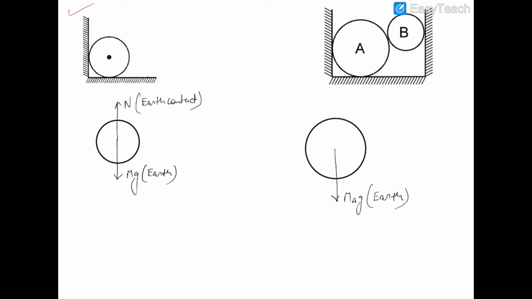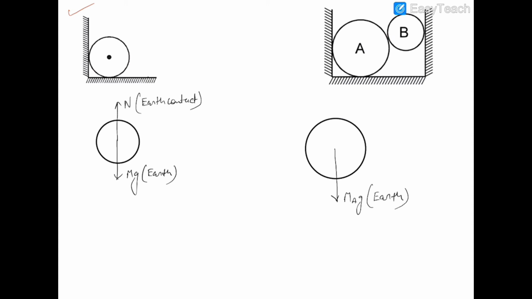And again this ball B, as it is restricted by ball A to go down, will be pushing ball A normally like that. We have to consider a fact that normal reaction always acts perpendicular to the contact. So if the contact is like that, the normal reaction will be acting like that, perpendicular to the contact.